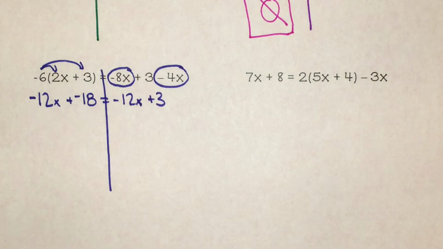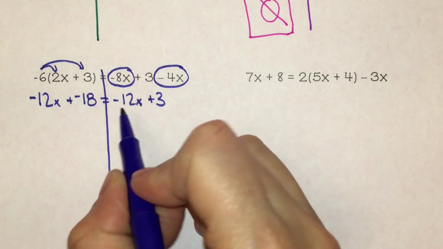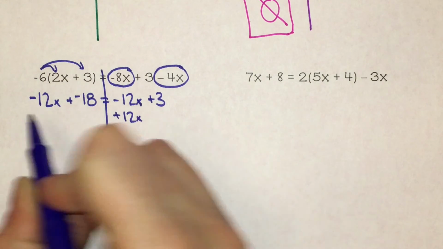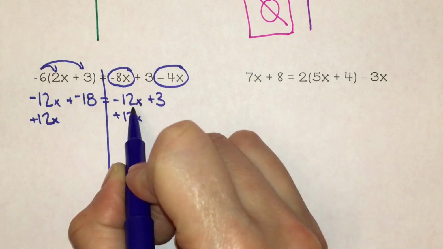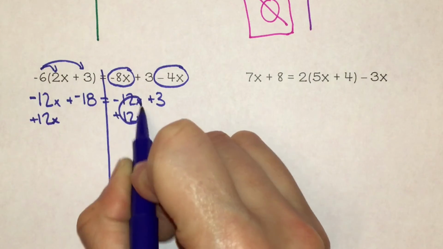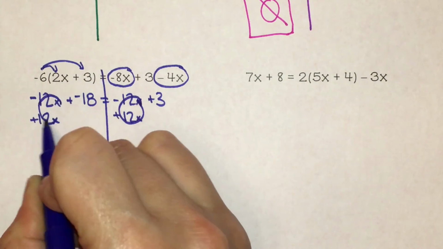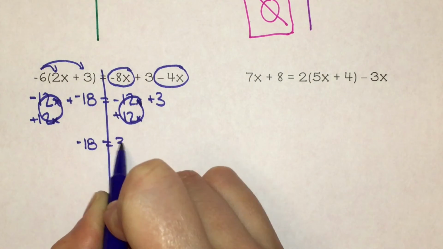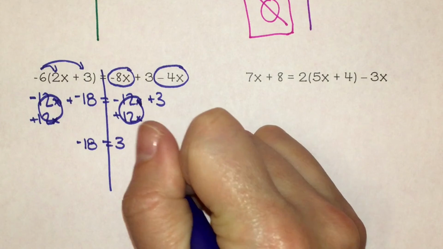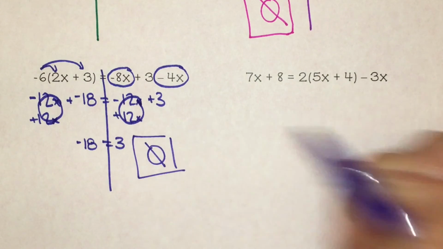Okay, so you can see right now that the two sides aren't equal, but if you're having a hard time seeing it, move your variables to the same side. I'm going to add 12x to both sides to get rid of that negative 12x. Negative 12x plus 12x is 0. So we're left with negative 18 is equal to 3, which is never true. So this one is no solution.